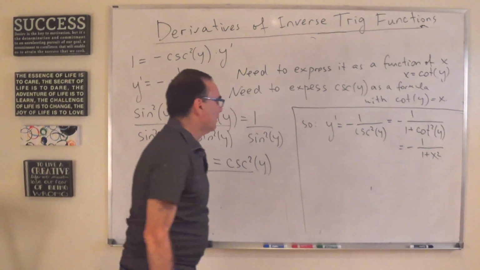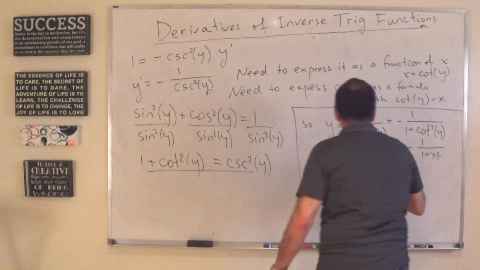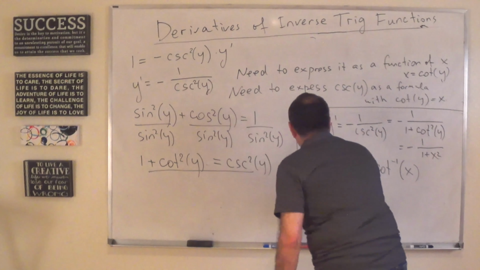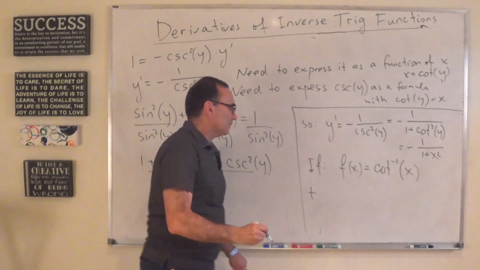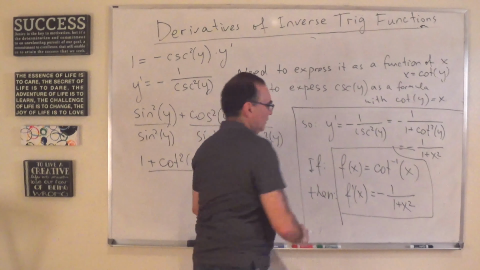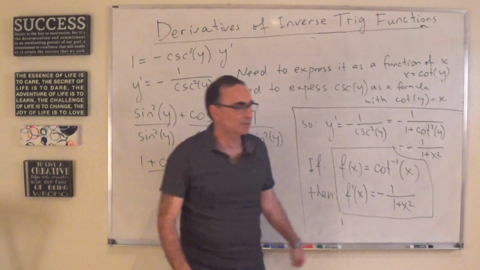So here's what we got. If the given function is inverse cotangent, then the derivative of inverse cotangent happens to be negative 1 over 1 plus x squared. This is the derivative of the inverse cotangent function.